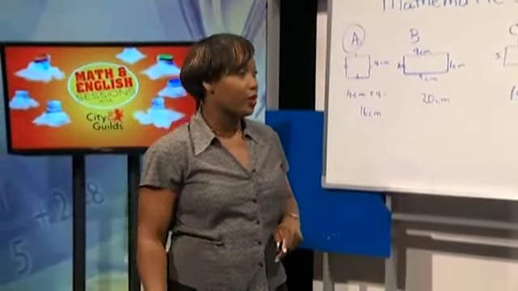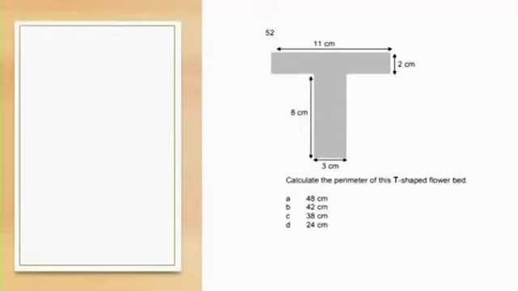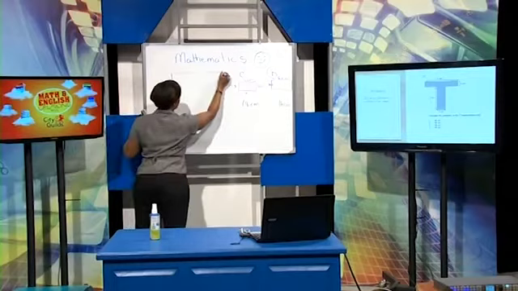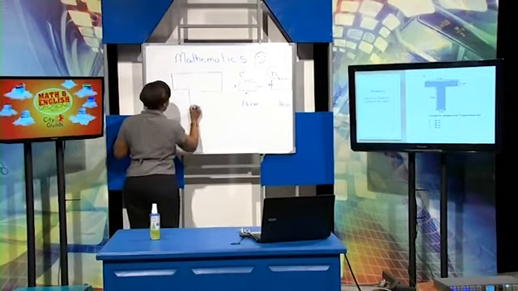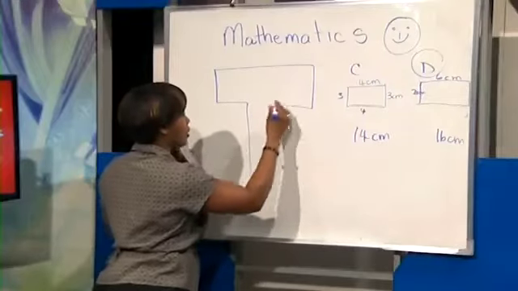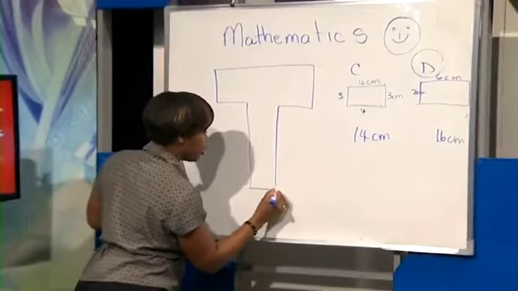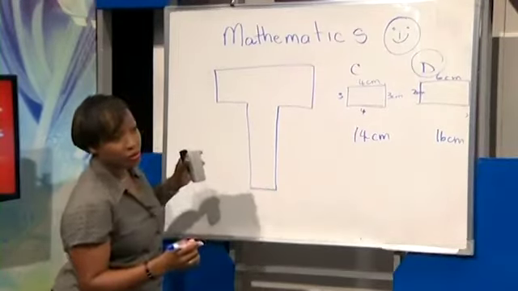All right, very well. Now, calculate the perimeter for this T-shaped flower bed. I want you to pay attention to all the parts that you have to consider when you look at this flower bed. So we're just going to do the diagram on the board to show you the parts I want you to look at, but the calculation we're going to do on screen. So let's look at the T. Now you're given some of the lengths, and you just have to deduce some.